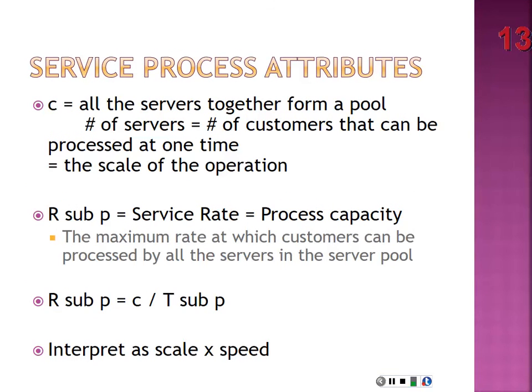Okay, but my processing rate, I can only process 4 customers a minute. It doesn't matter that I'm getting 5 customers in, my throughput is still only going to be 4 customers a minute. Okay. On the other hand, if my processing rate is 10 customers a minute, and I'm only getting 5 customers per minute in, my throughput is going to be equal to how many customers I have that are arriving, so my 5 customers per minute. Okay. They're not a hard concept, you just have to get your head around what the terminology means.